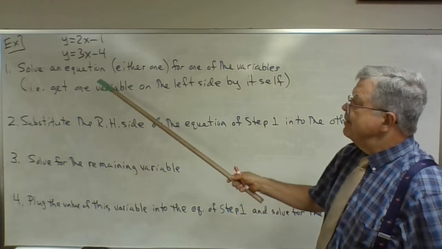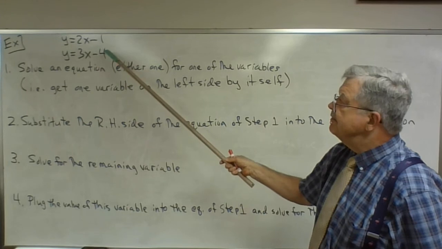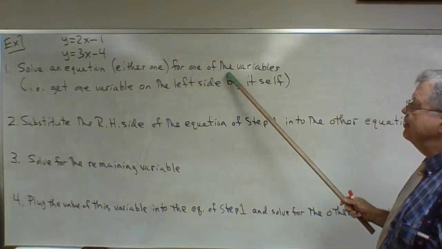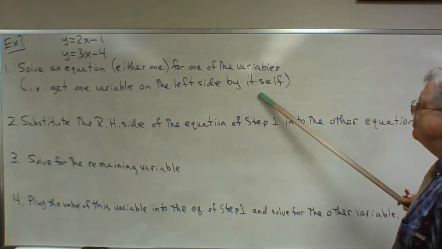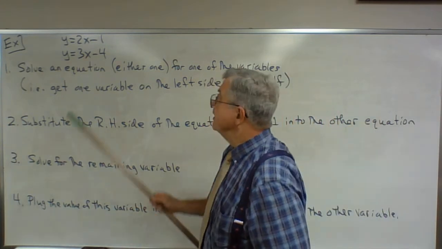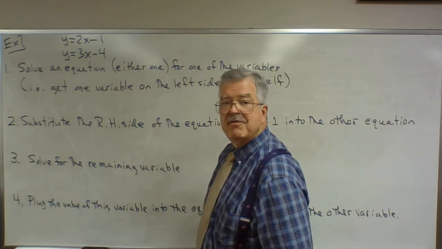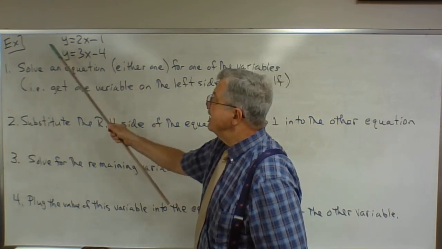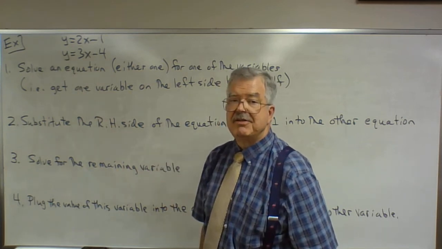And our first step is solve an equation, either one of these, for one of the variables. In other words, get one variable on the left side by itself. Well, both of these equations are already in that form. Both have one variable, y, on the left side by itself.